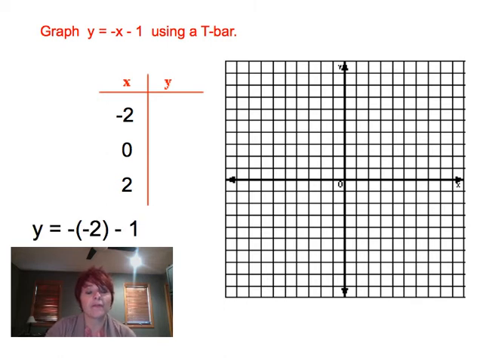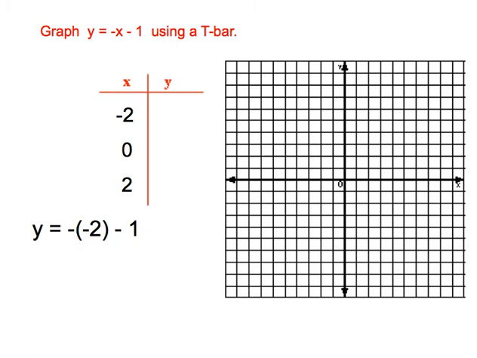To start out with, if I plug in -2 into that equation, y equals -x minus 1, it's going to be y equals -(-2) minus 1. Next, that 2 becomes positive because a minus negative is positive, so 2 minus 1 then is 1.